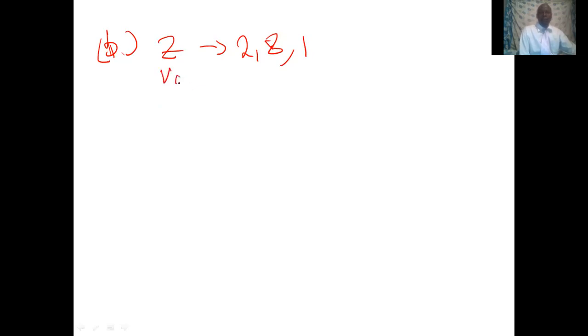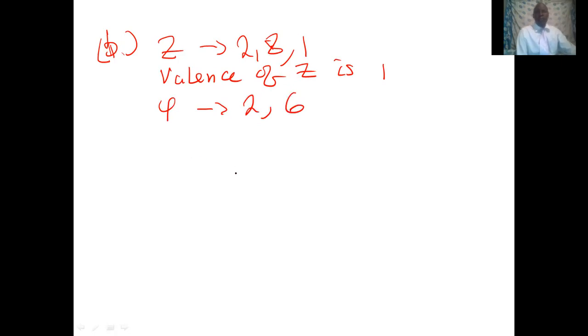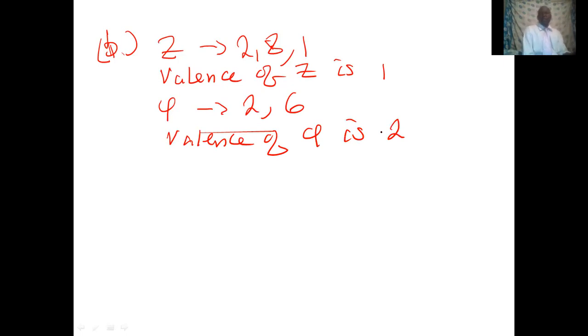So the valence of Z is 1 because it loses only one electron to be stable. While Q, we said the electron configuration is 2, 6, and therefore it is easier for it to gain 2 electrons. Therefore, the valence of Q is 2 because it gains 2 electrons to be stable.